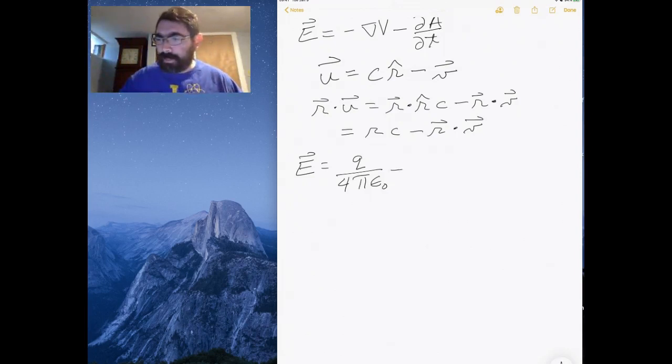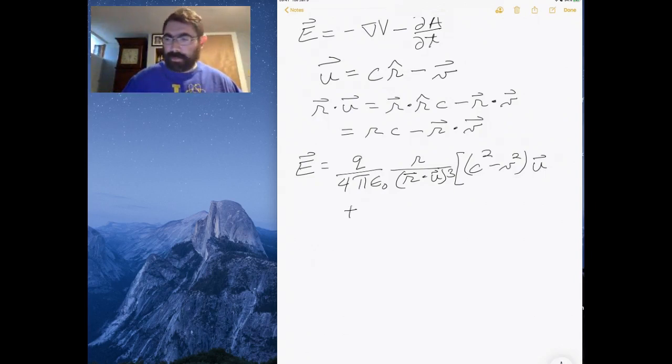I now have r dot u cubed in the denominator. I can factor out an r, and what I get in those brackets would be c squared minus v squared times u plus r crossed u crossed a, the acceleration.